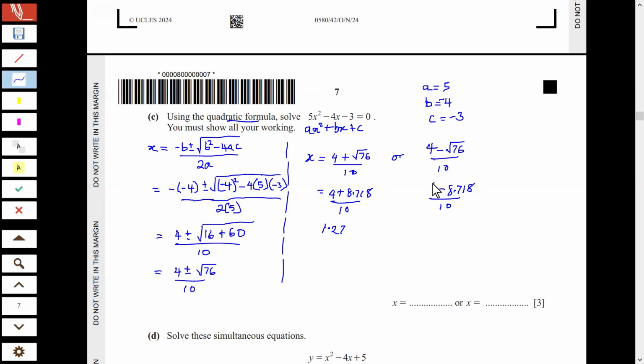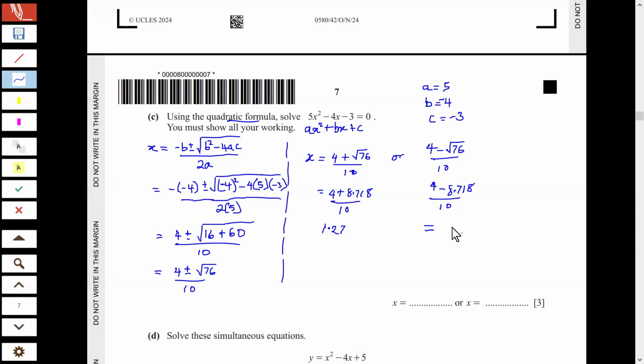So 4 minus 8.718 divided by 10. You should be able to use your calculator to subtract and then divide.